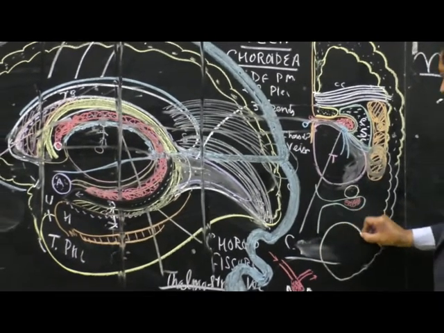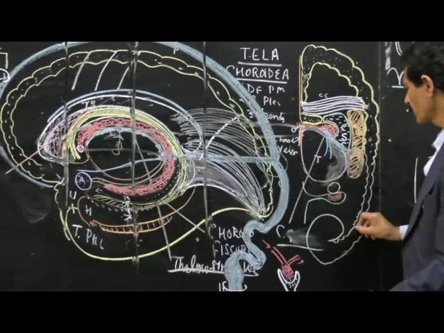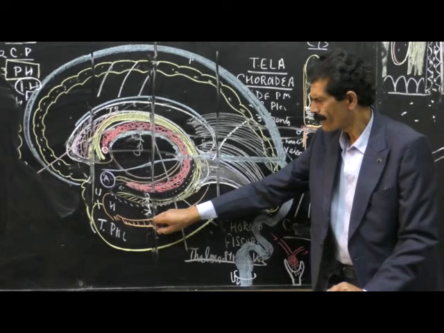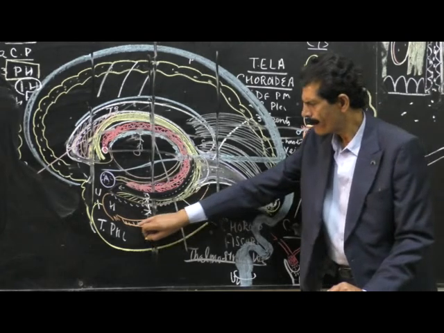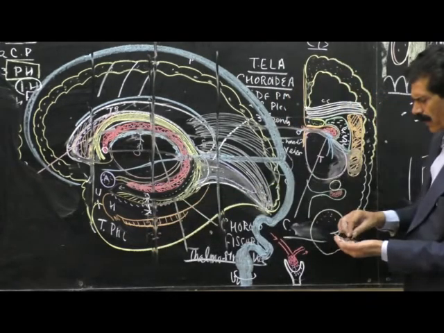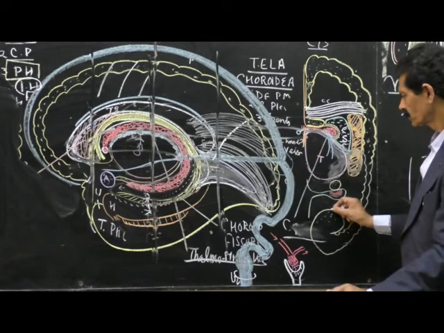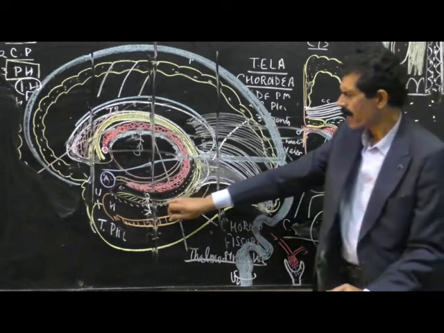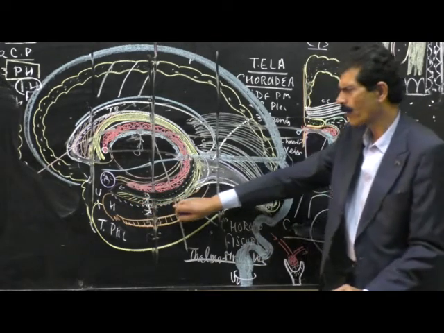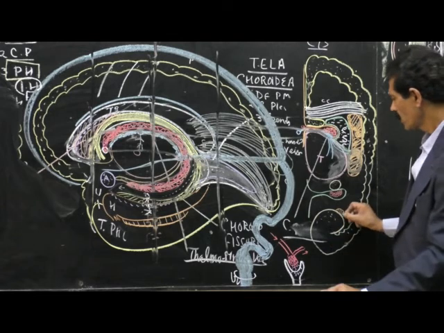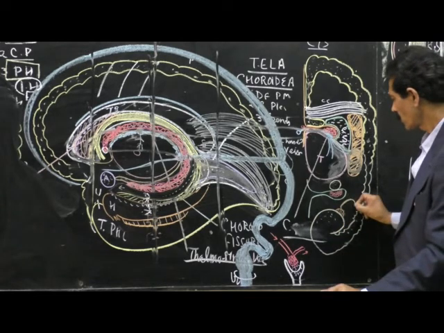Below here, this is the hippocampus, medially placed, and then lateral to this parahippocampal gyrus, there lies the dentate gyrus. So this is the dentate gyrus. And with the dentate gyrus, my floor is also touching the hippocampus. So this is the hippocampus.